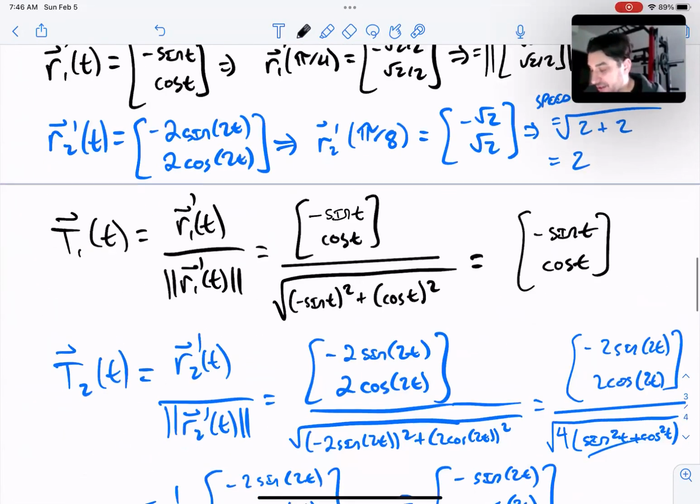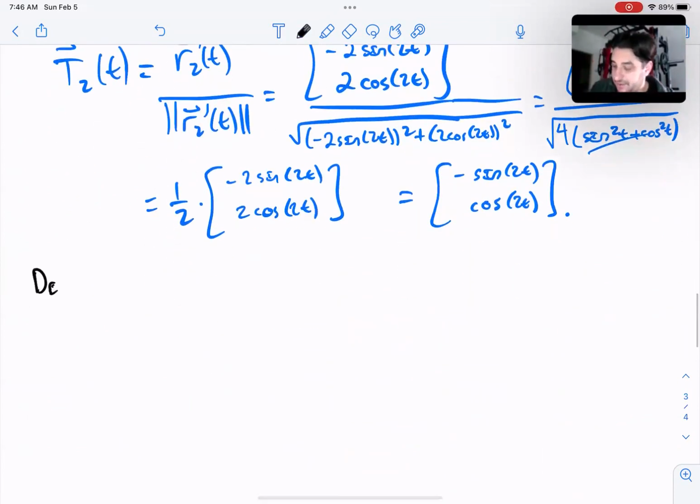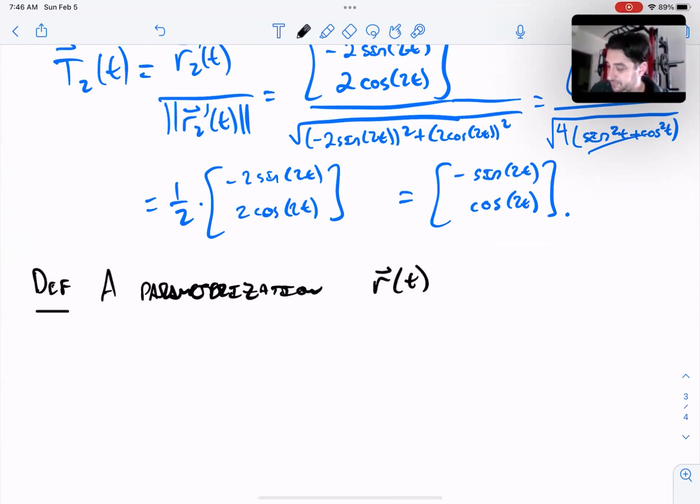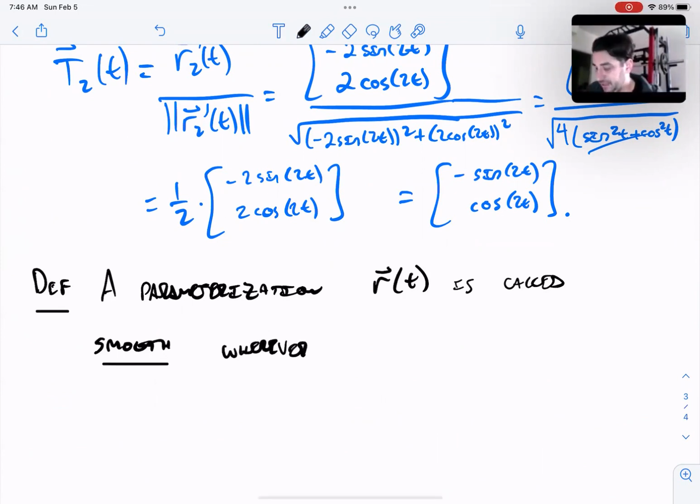Then there's a related definition, of course, to tangent vector, which is that a parameterization is called smooth wherever speed is non-zero, right?